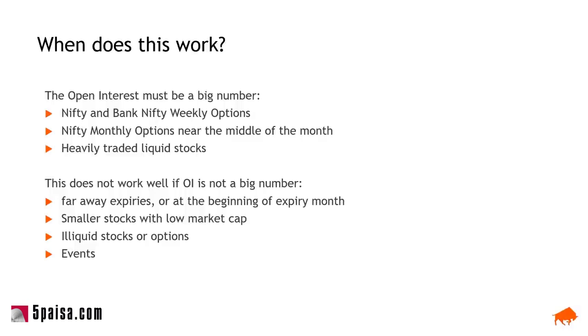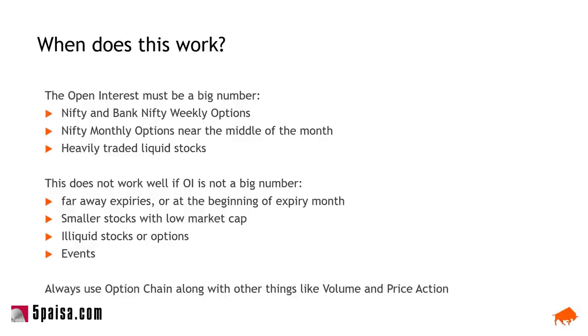So events are not a good time to base your trades on open interest. Always use this along with something else like volume or price action. It doesn't mean the option chain is not important, it is, but when making trading decisions based on technicals or price action, it's always good to combine more than one source of information.